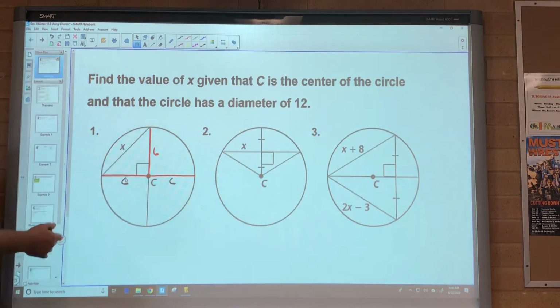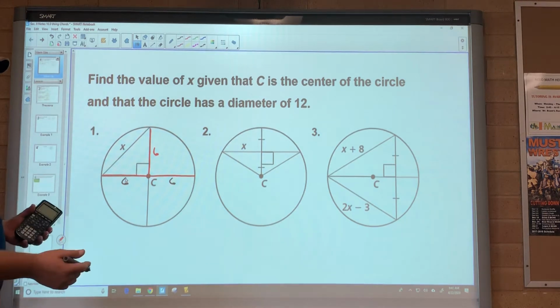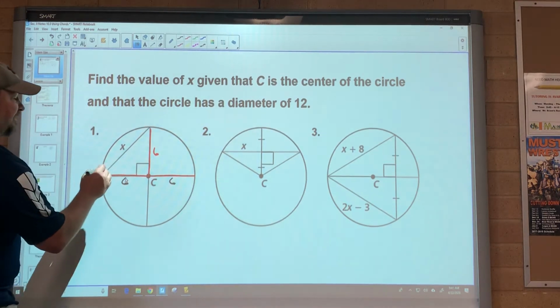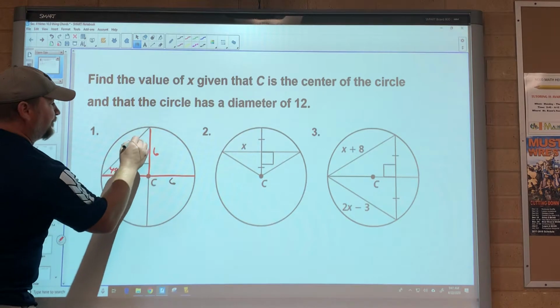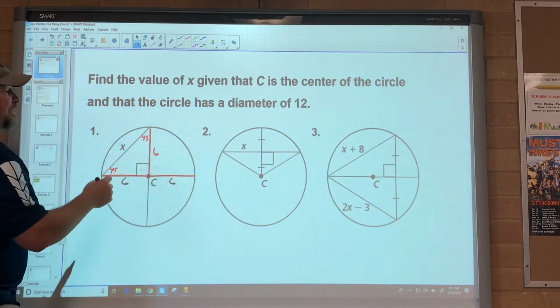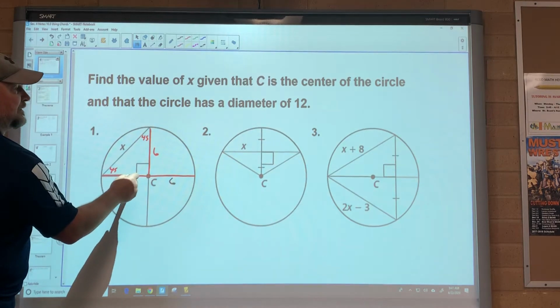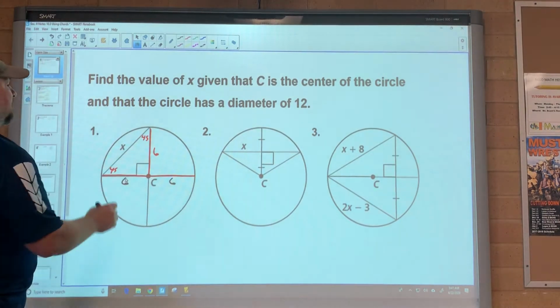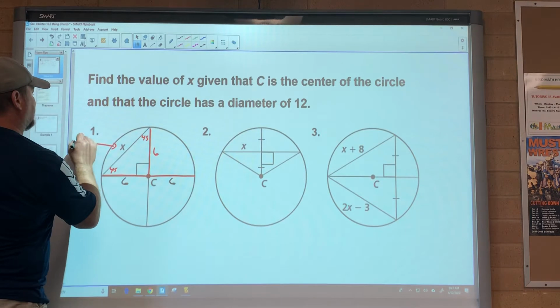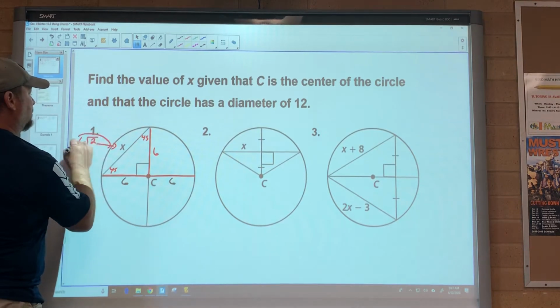There's a couple ways you can do it. You can either do Pythagorean's theorem and you'll get a decimal answer, or you can remember that this is a 45, 45, 90. The blueprint would be that this side is whatever this side is, times square root of 2. So this side is 6 radical 2.